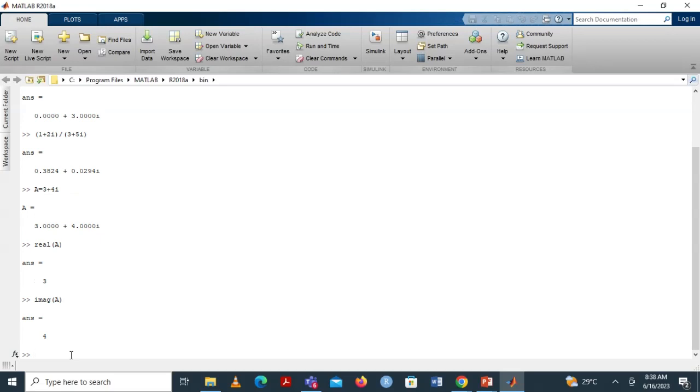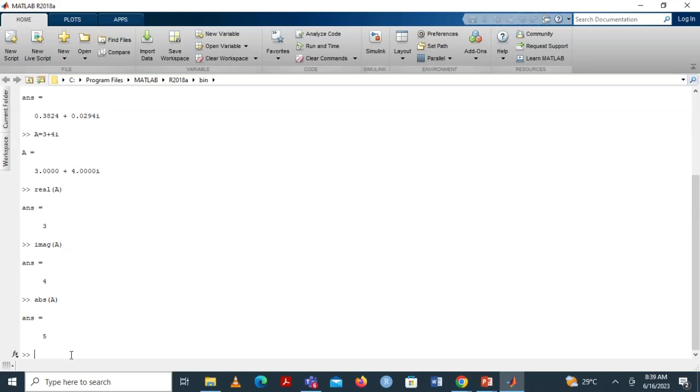Now I can also use the abs function to return the magnitude of the complex number. So if I type abs in brackets a, and I press enter, it is going to give me the absolute value of a.